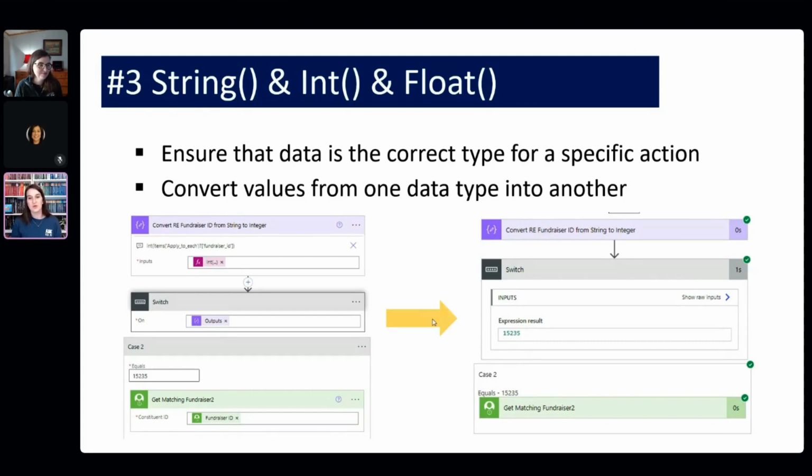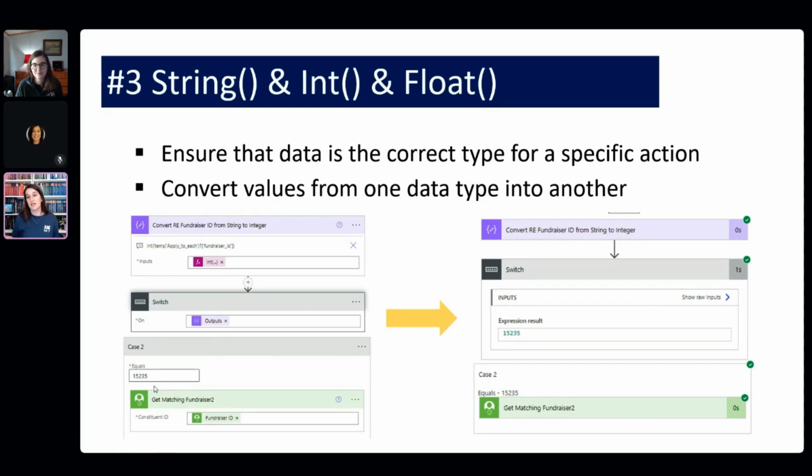An example is if you are trying to use a switch condition to pull in different fundraisers. In this flow, I was trying to have different content come out for each of 3 fundraisers. But when I did this switch, Power Automate thought the fundraiser ID was a number, Razor's Edge thought the fundraiser ID was a string, and it just didn't match.